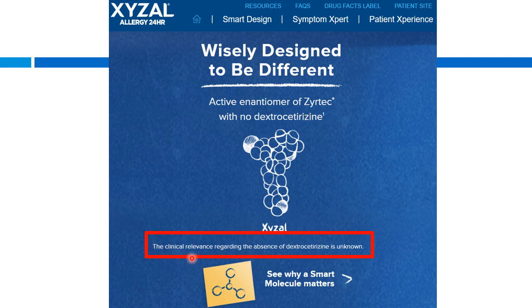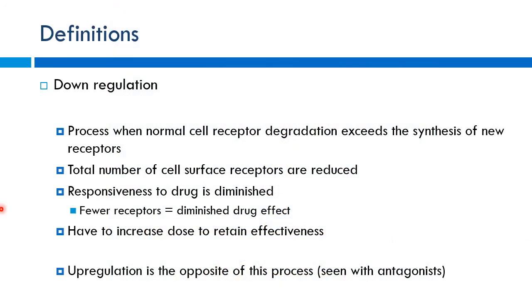And you look at the very tiny print down here: the clinical relevance regarding absence of dextrocetirizine is unknown. Okay, so you took out the one hand, but why, if you don't know if it's clinically important? So it's one of those things where maybe there was some sort of monetary influence here. Who's to say? I'm not going to say I'm cynical, but you guys might call me that. We'll see. Anyway, follow the money is all I'm saying.